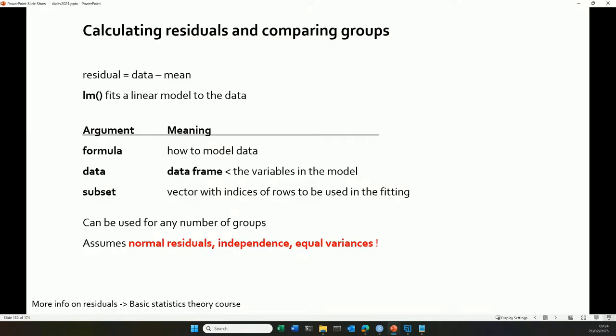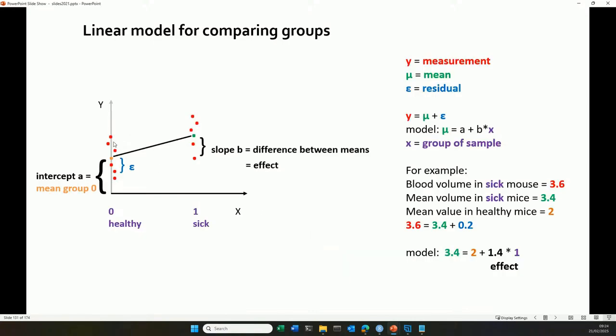Also, LM will not work when you have dependent data. And the two groups must have the same spread. And when your data meets these three criteria, then you can do LM for comparing the groups.